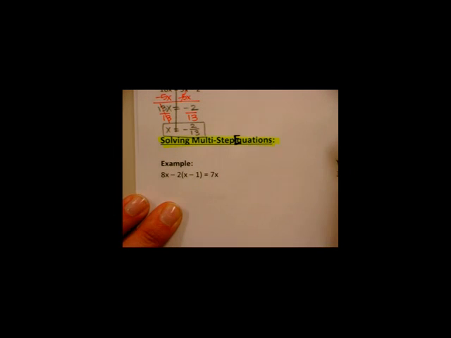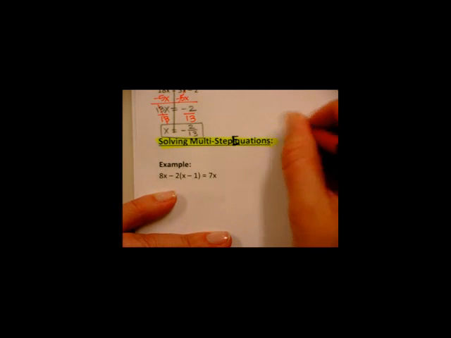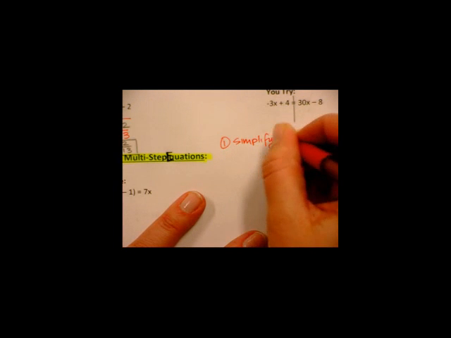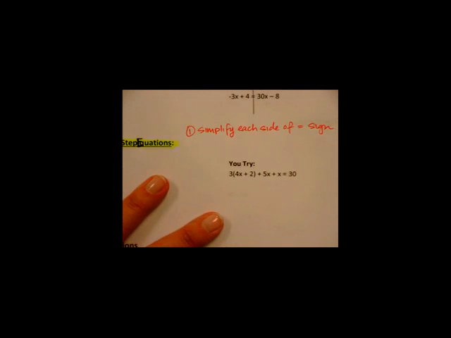There's 3 basic steps here. First thing you need to do is simplify the left-hand side and the right-hand side completely. Step 1, simplify each side of the equal sign.